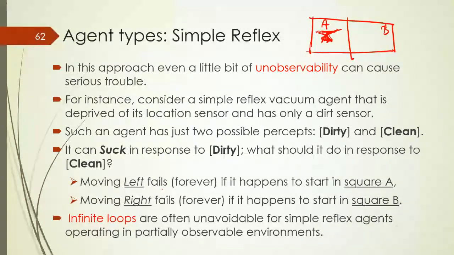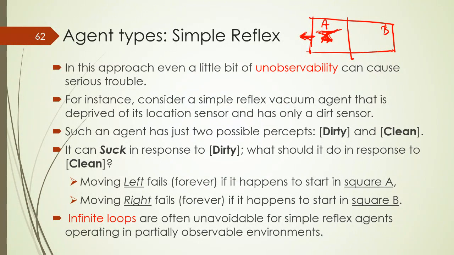Okay, so moving left fails forever if it happens to start in square A. If it has only one choice in the table and it says always move left, so it moves left and there is no left. It's still in A, clean, still in A, clean, still in A, clean. Doesn't move out. Or if it's trapped in location B, since it doesn't know where it is, and the table says the next move is go right, it will be trapped in B. Well, I understand it's super simplified, but for the sake of argument, it's possible.